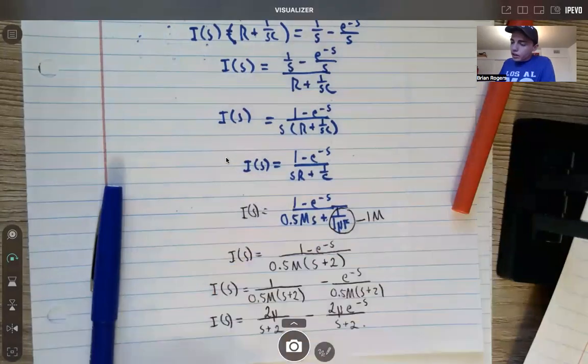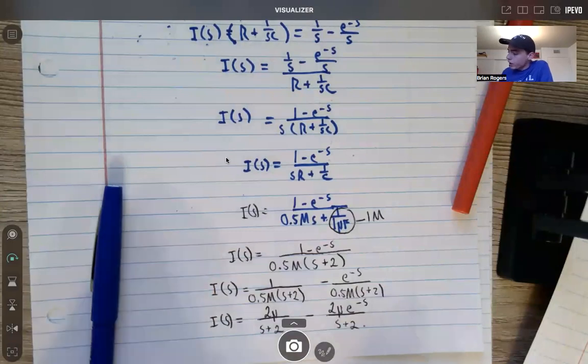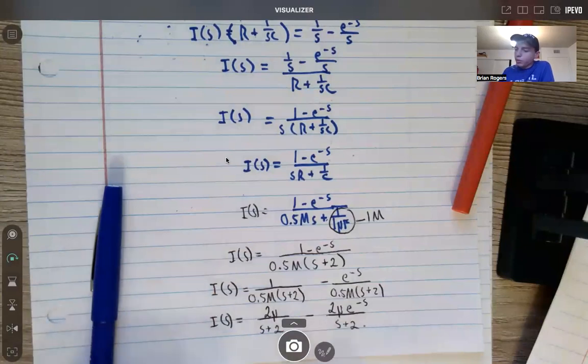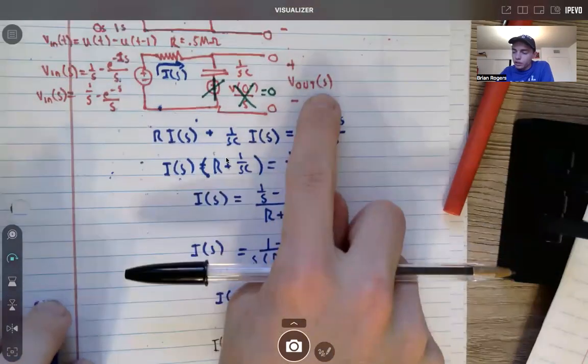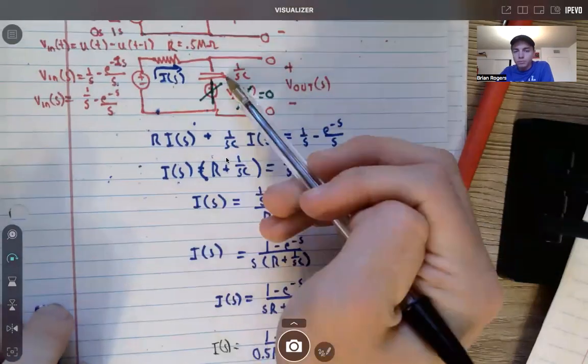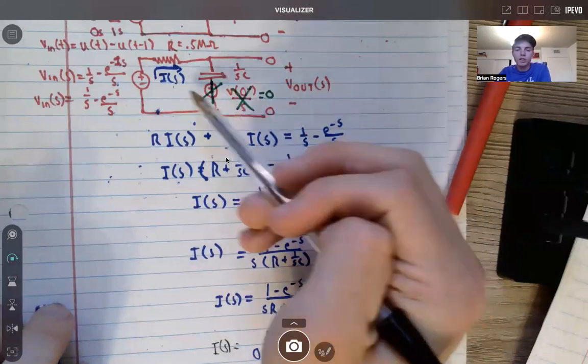And so now you know your I of s, that current specifically that is running through there. And then what you need to do now is, remember, I told you guys the voltage output here is going to equal the current times the actual impedance of this device.